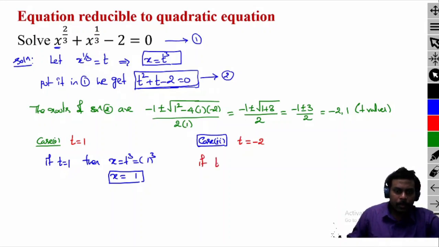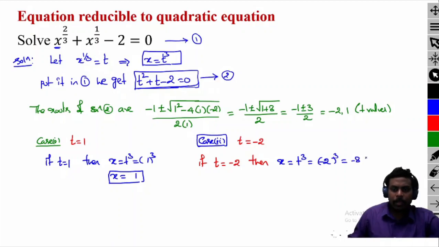If t is equal to -2, then x is equal to t cube, that is equal to -2 whole cube, that is equal to -8.